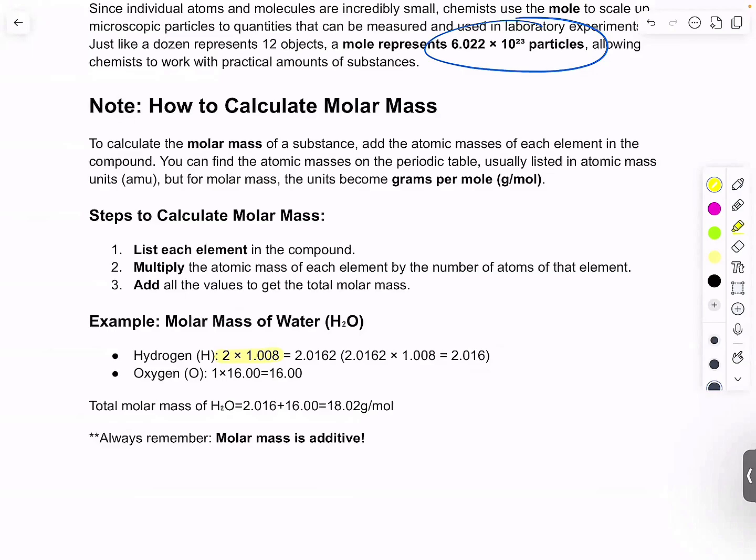Some periodic tables have 15.999, but most teachers will let you use 16. When we add them together, 2.016 plus 16 gives us just over 18 grams per mole. Remember, it's always additive. This is a simple example, and your teacher or professor will take you through a lot more.